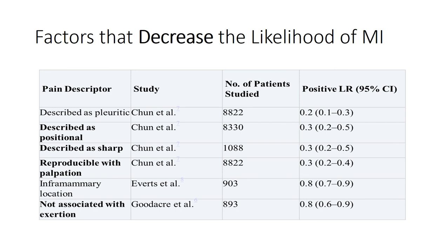If it's described as positional: if you have an MI, it doesn't matter if you're sitting up, leaning forward, leaning back, or laying down, you'll still have chest pain. It doesn't matter how you're positioned. So if someone reports that they have chest pain when they lay down, but when they sit up it resolves, I'm not too concerned that they have an MI.